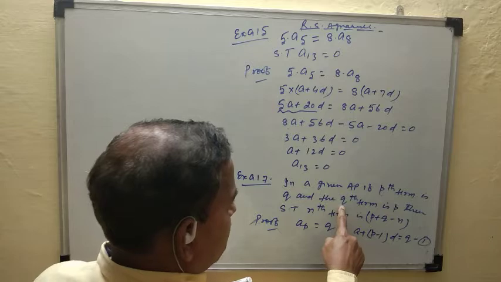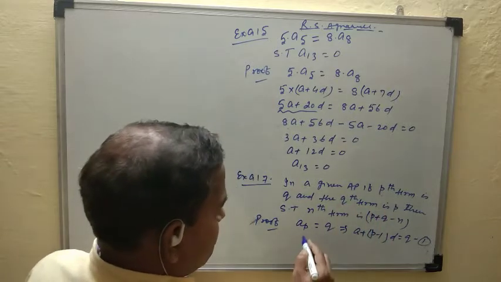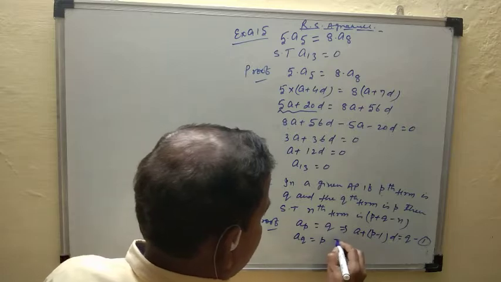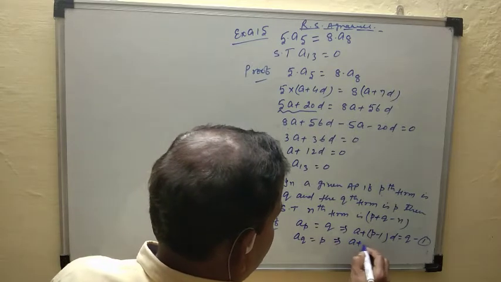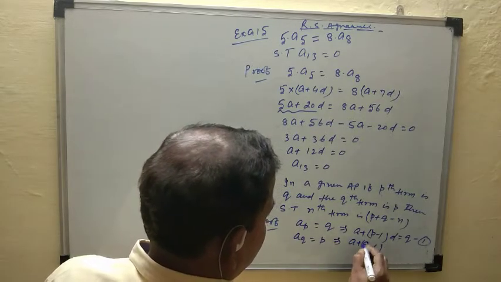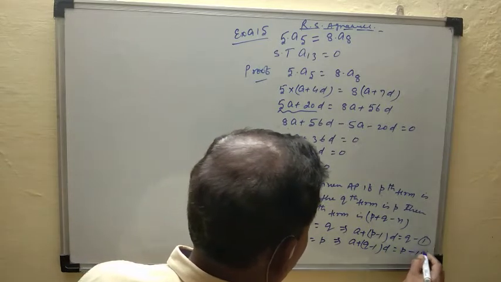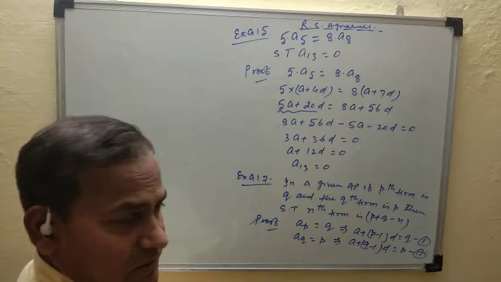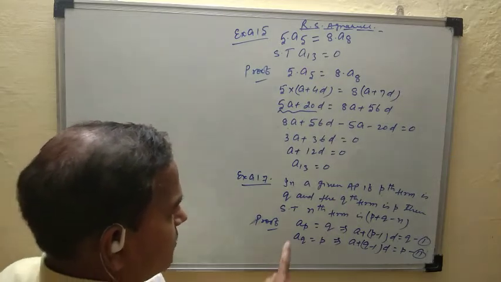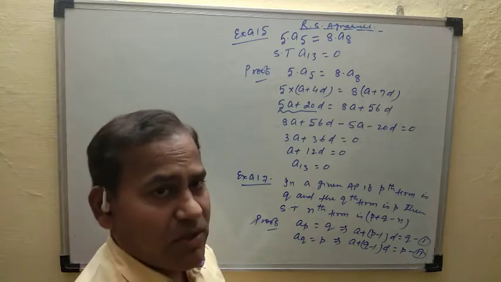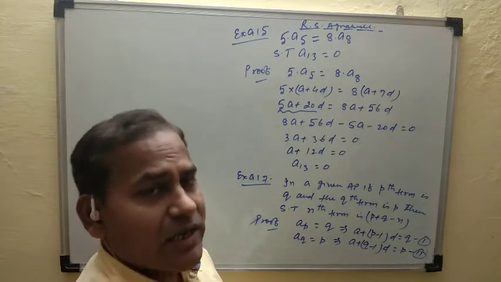And the qth term is P, that is AQ is equal to P. So this implies A plus Q minus 1 into D is equal to P. Call it 2.